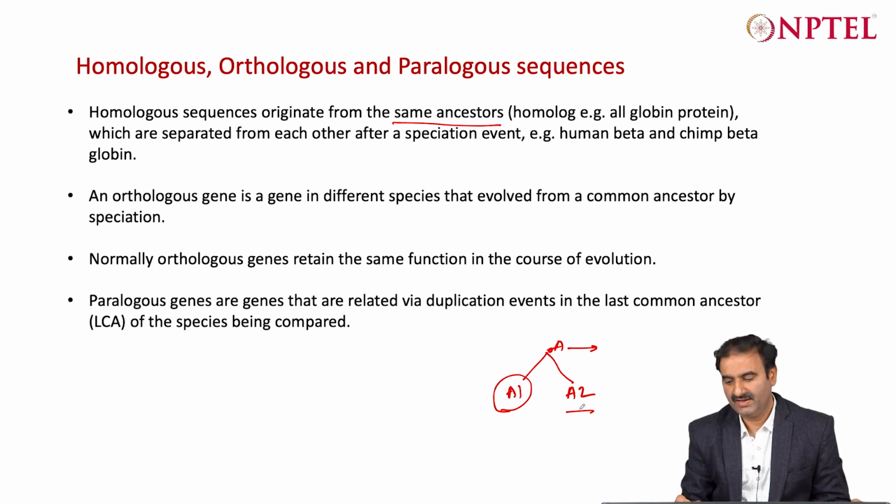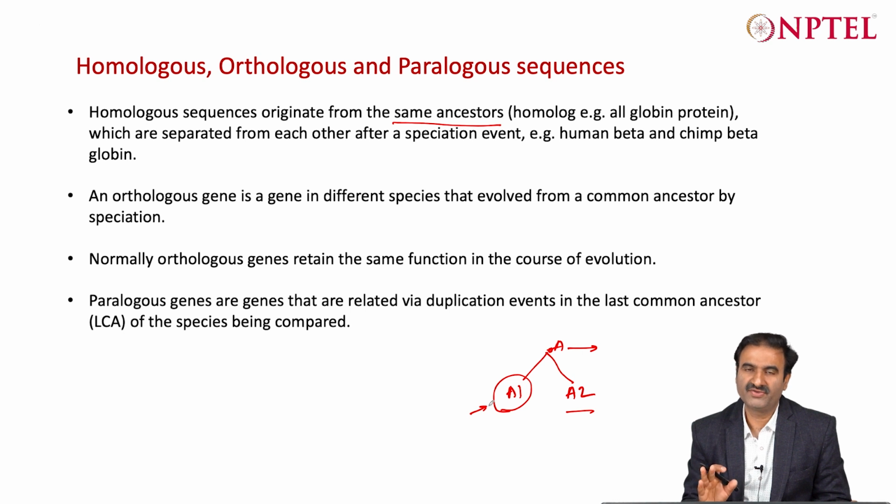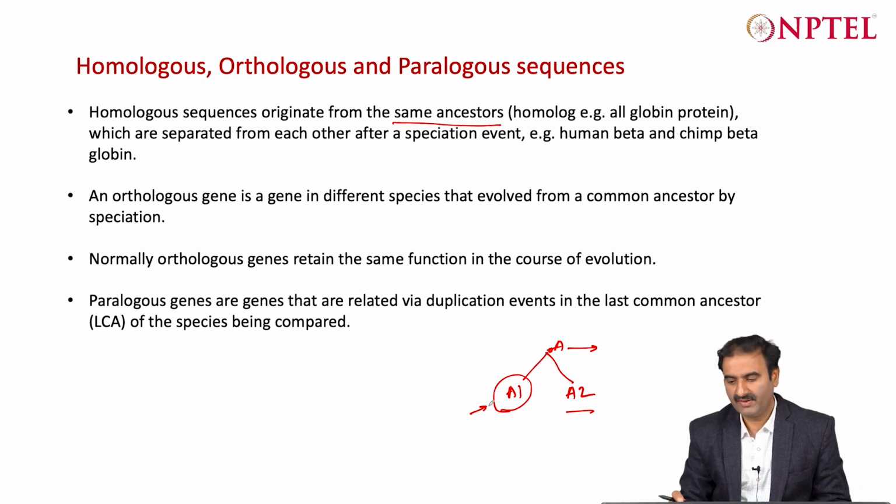Even if something changes in A2, the organism can still survive because it already has A1 which can do the job, because genes have certain functions that you cannot stop, discontinue, or suppress immediately. It may happen over a period of time, but otherwise it may not be tolerable, and that is why paralogous genes are very important in understanding this, leading to the new origin of genes and their functions.